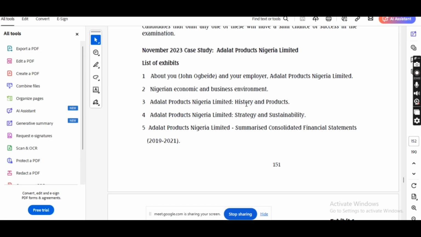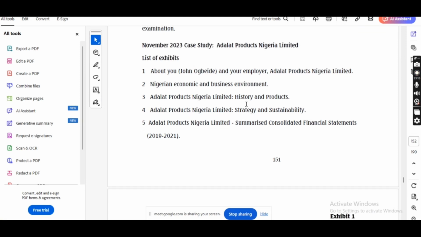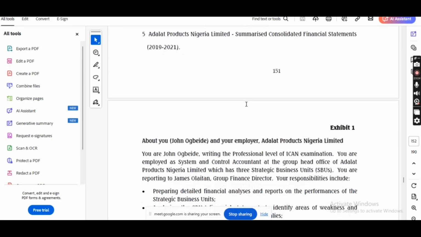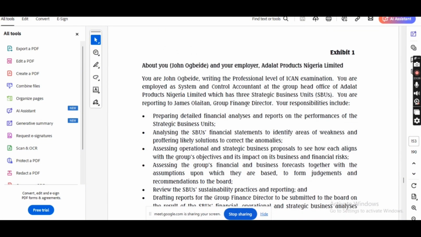Who is your employer? Adelat Products Nigeria Limited. You are working in Adelat Products Nigeria Limited. They employ you, right? And it is not a consulting or an audit firm, right? Now, you can see: about you, John Ogbede, and your employer, Adelat Products Nigeria Limited.